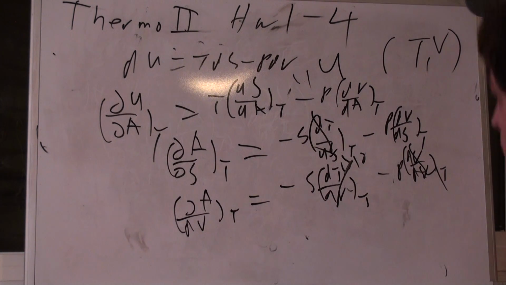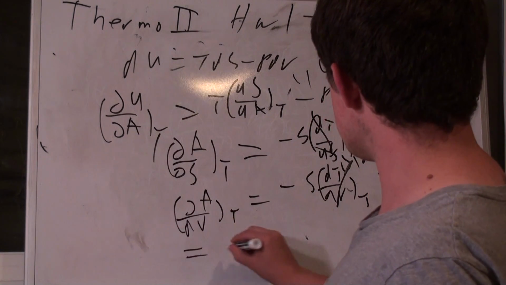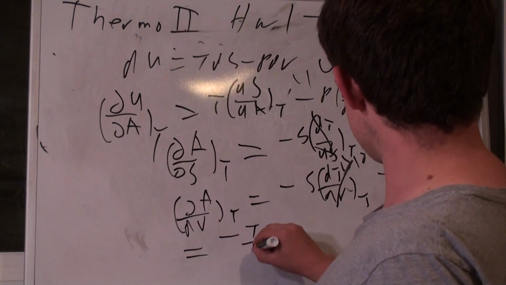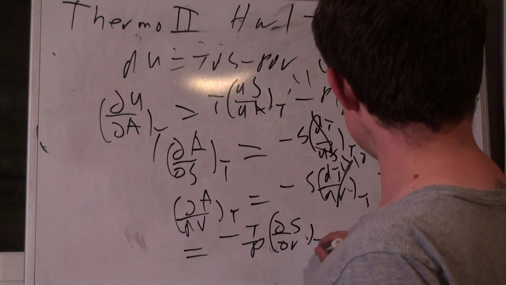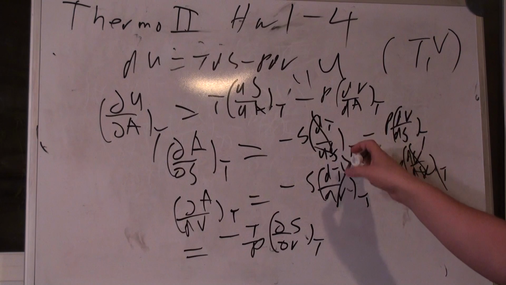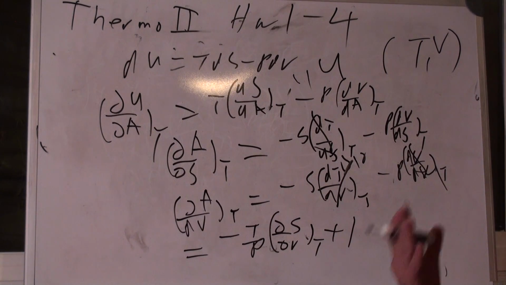So when I plug them all back in, I get this guy is equal to minus T over P dS/dV at constant T, minus P over minus P, plus 1.